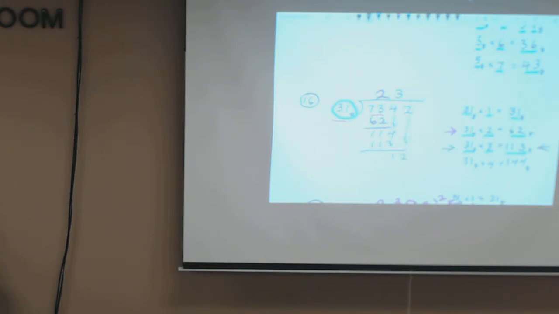Can I divide 3, 1 into 1, 2? No, and then I have a remainder of 1, 2. This is all in the base 8. So the secret to division is that you take your divisor and make a table of multiples of that divisor.